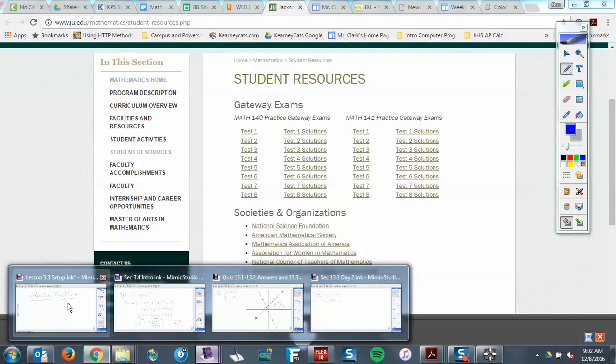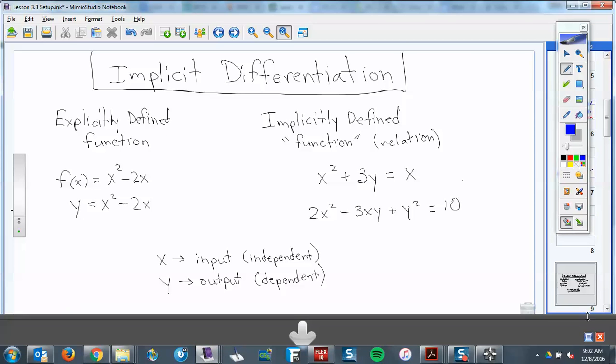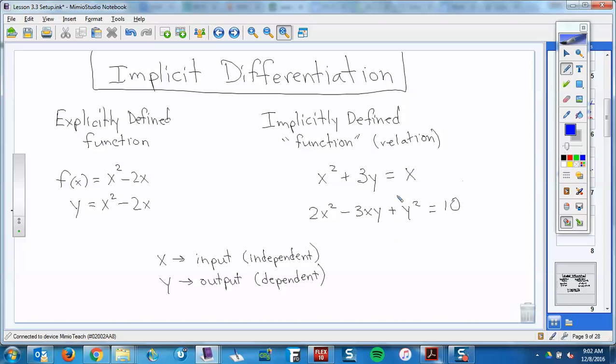All right, let's move on then with this other thing we want to talk about today. What we've got is called implicit differentiation. Now, the word implicit comes from imply.